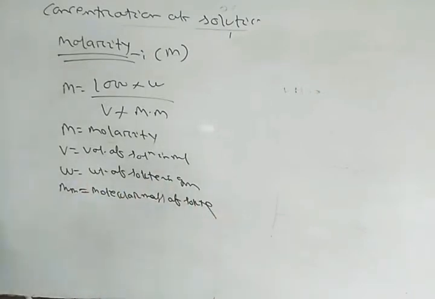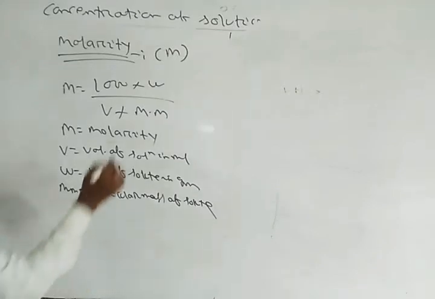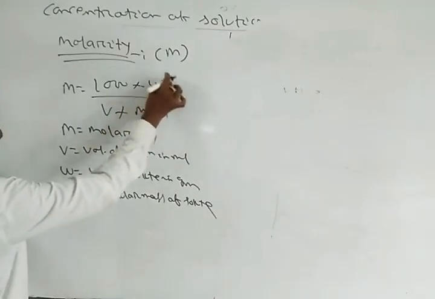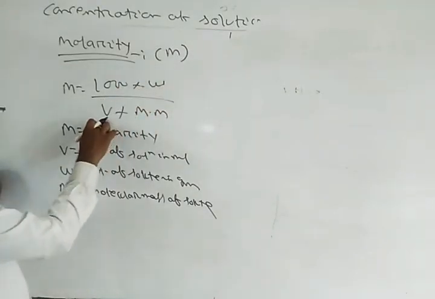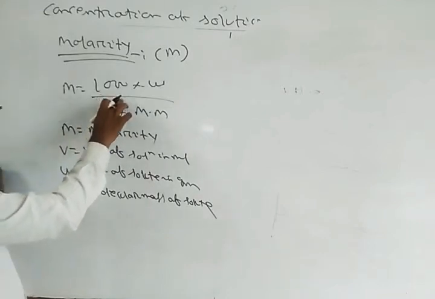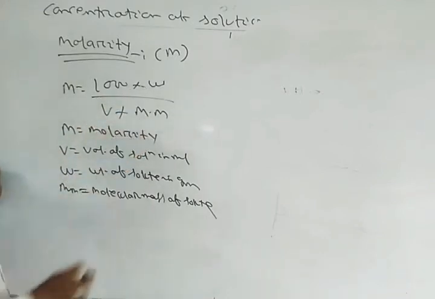So if W gram of solute is present in V ml of solution, then molarity is 1000 W by V into molecular mass.